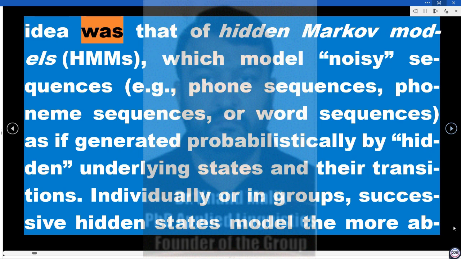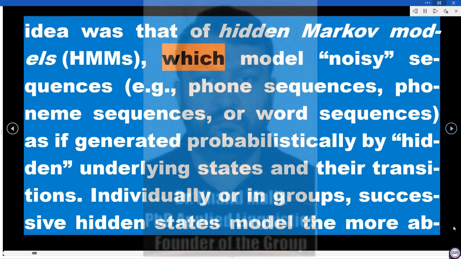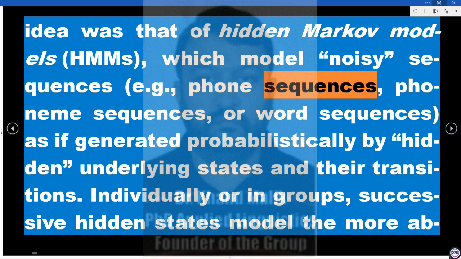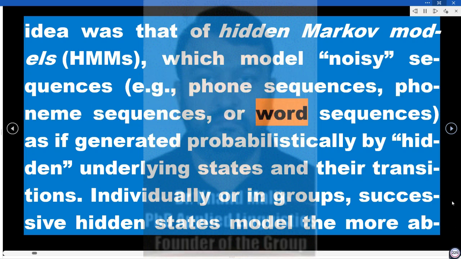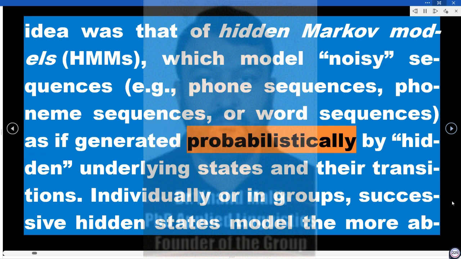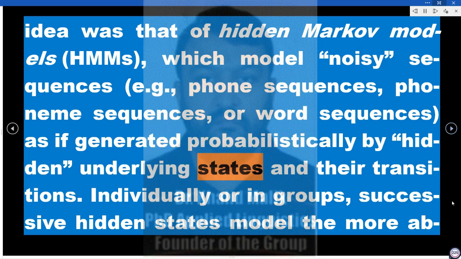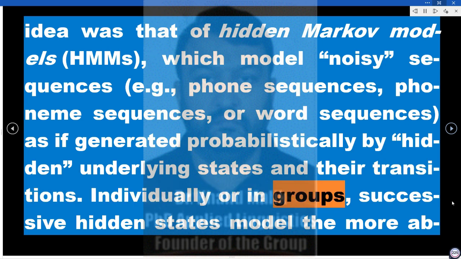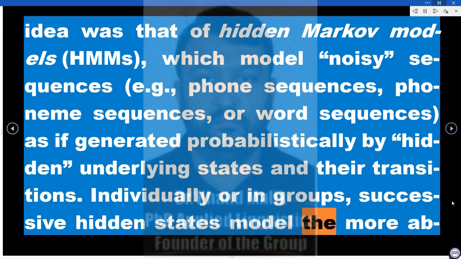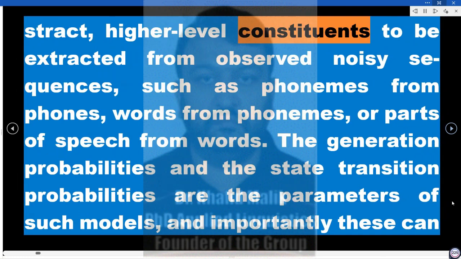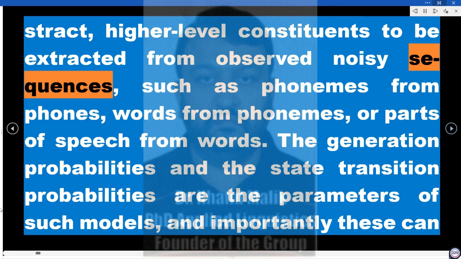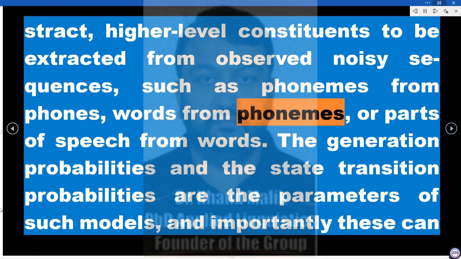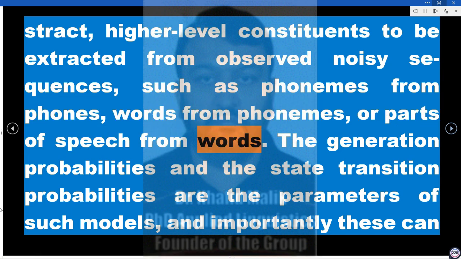One key idea was that of hidden Markov models, HMMs, which model noisy sequences, for example phone sequences, phoneme sequences, or word sequences, as if generated probabilistically by hidden, underlying states and their transitions. Individually or in groups, successive hidden states model the more abstract, higher-level constituents to be extracted from observed noisy sequences, such as phonemes from phones, words from phonemes, or parts of speech from words.